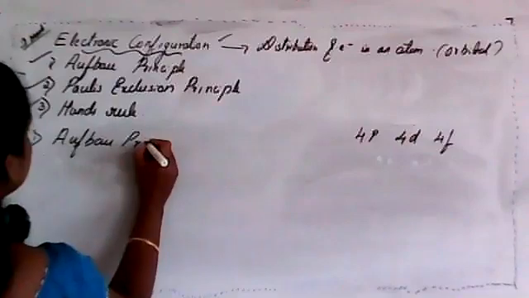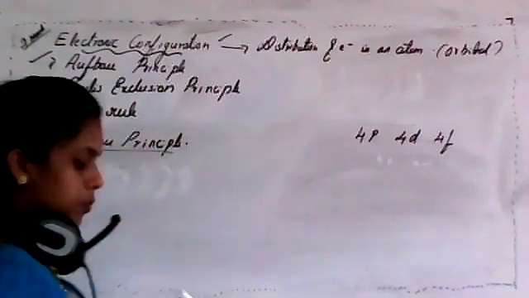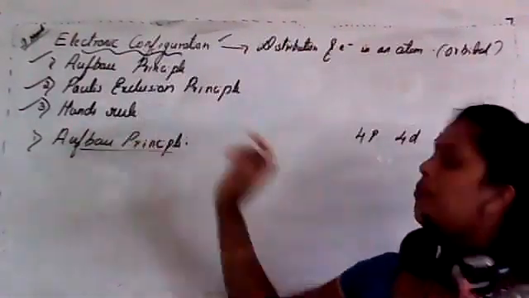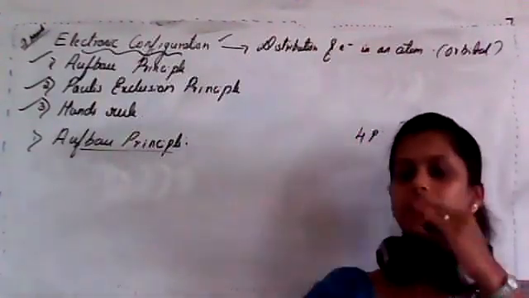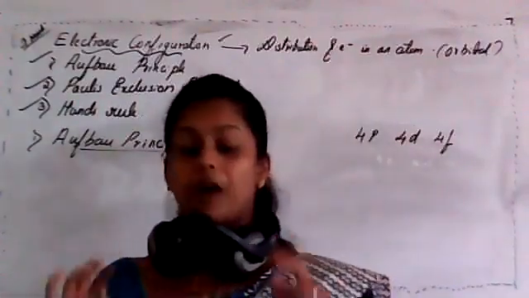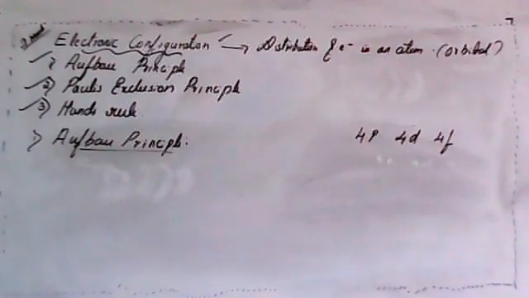First one, the Aufbau principle. In German, Aufbau means building up. So from lower level to higher level, it is building up, known as Aufbau. Now the question, what is the Aufbau principle?